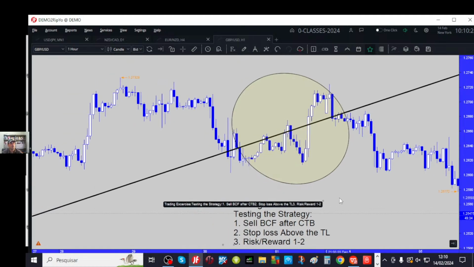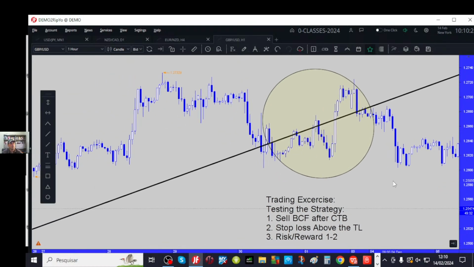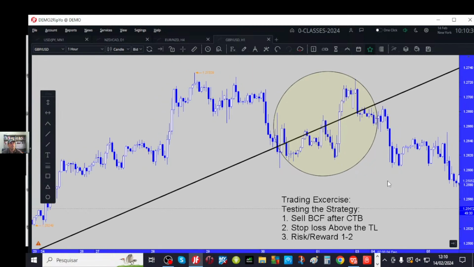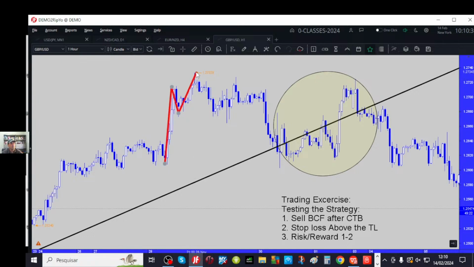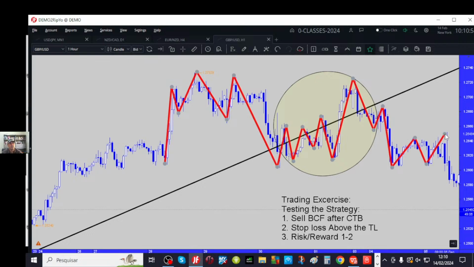Alright, do we agree, everybody, that we can see after the counter trend line break the market making lower lows, lower highs, higher highs, higher lows, lower low, higher high, and then finally high to low, low to high, high to low, low to high, high to low?